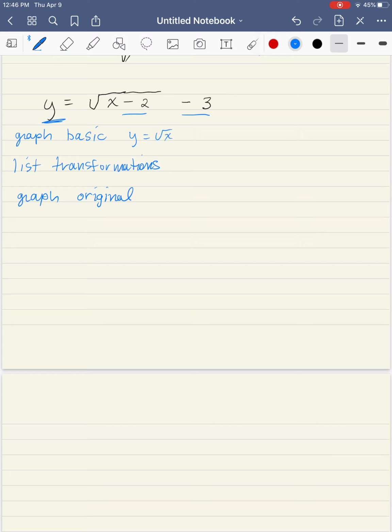All right, because I have a square root, my basic function is y equals the square root of x. So I plot that on my coordinate system. 0, 0, 1, 1. I don't have a negative 1 because you can't take the square root of a negative number in the real number world. And I draw my basic graph.